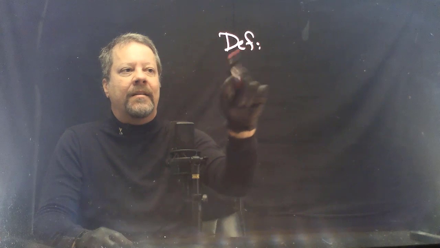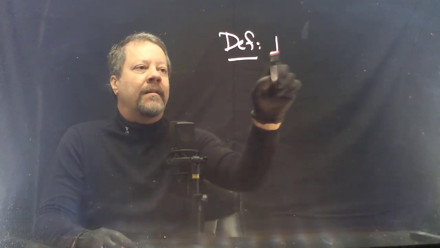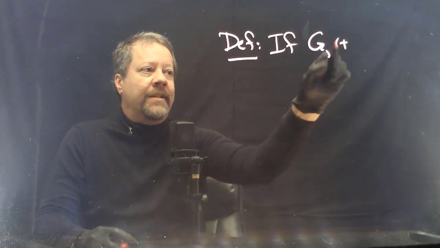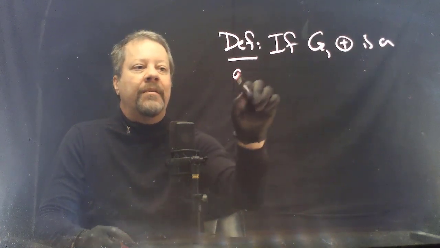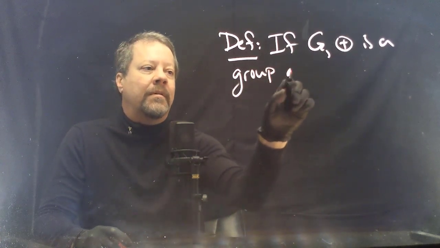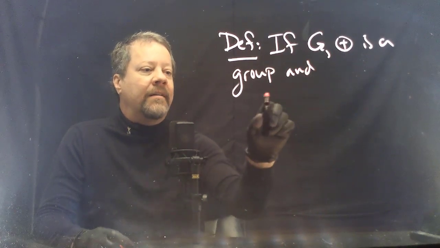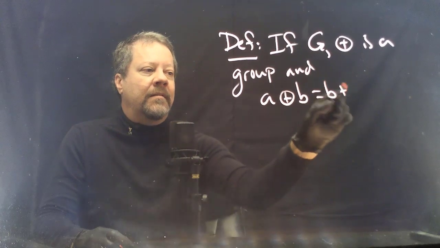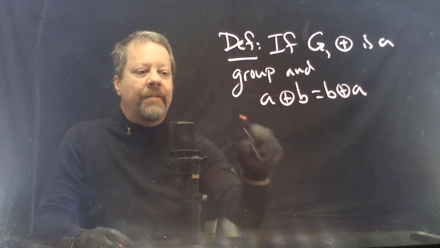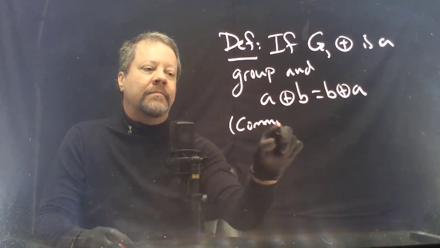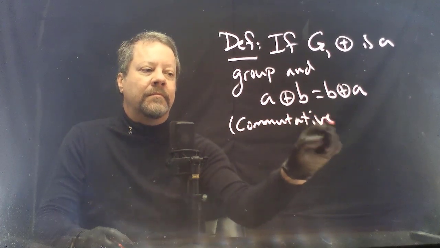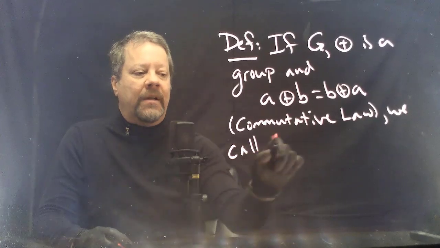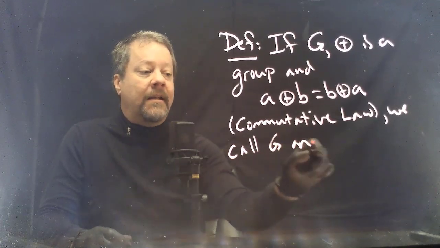Adding to this, if G together with its addition is a group, and it satisfies the commutative law, we call G an abelian group.